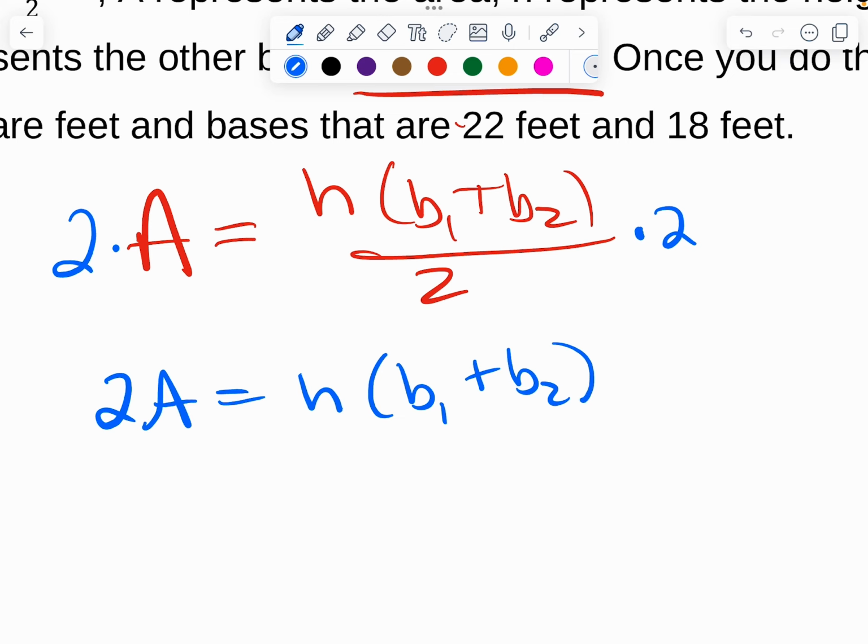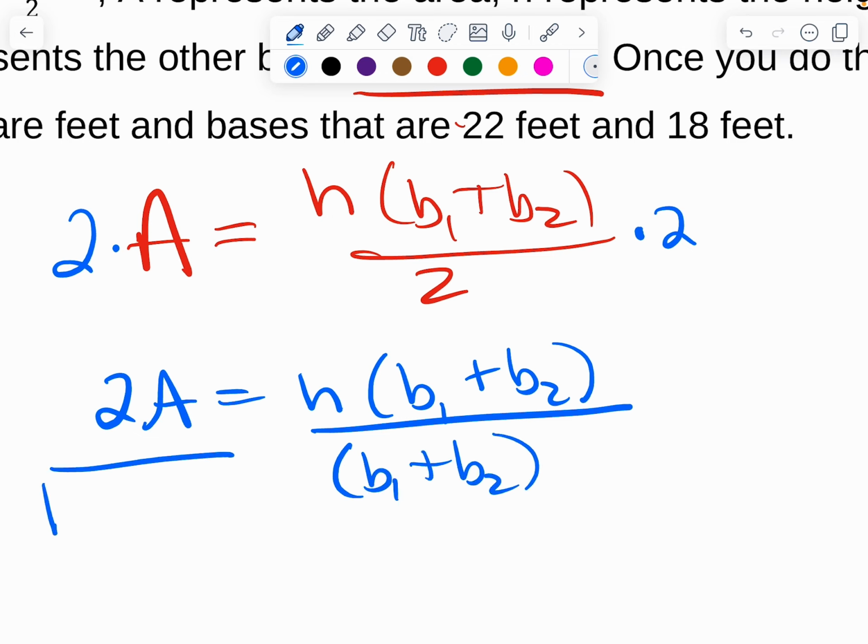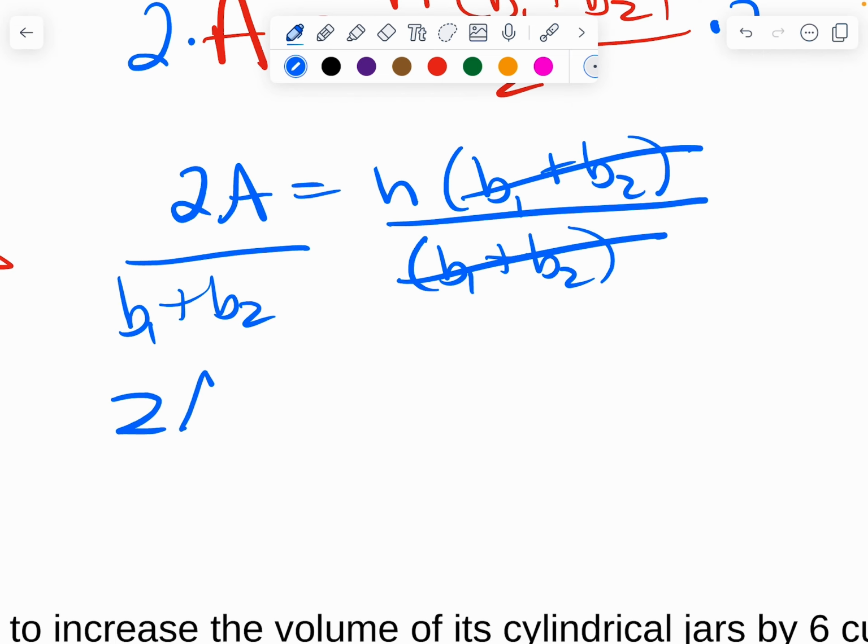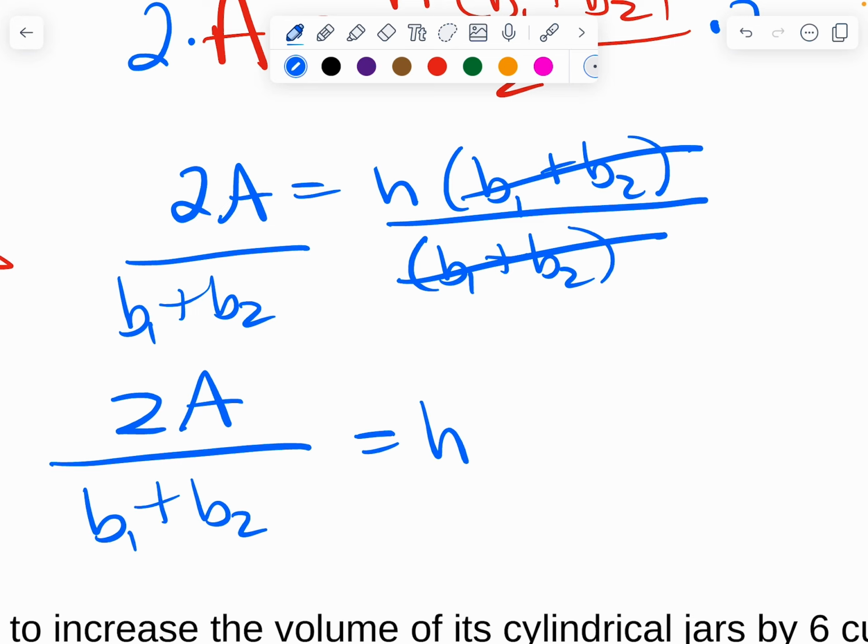I want to get rid of what's being multiplied by H, so I'm going to divide both sides by B1 plus B2. Cancel, cancel. So I have 2A over adding the bases together, and that's equal to the height.